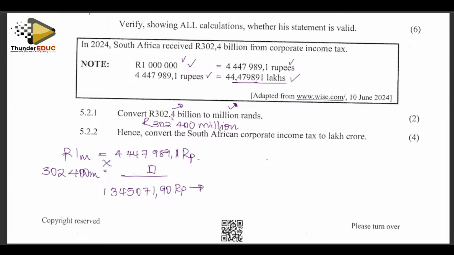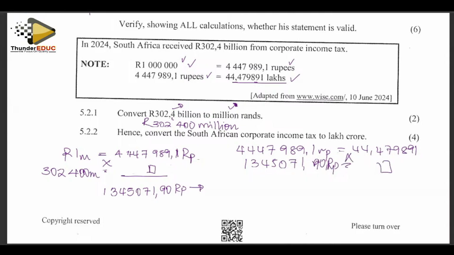Now, if you have so much rupees, you have 4 comma, which became this much, yeah?